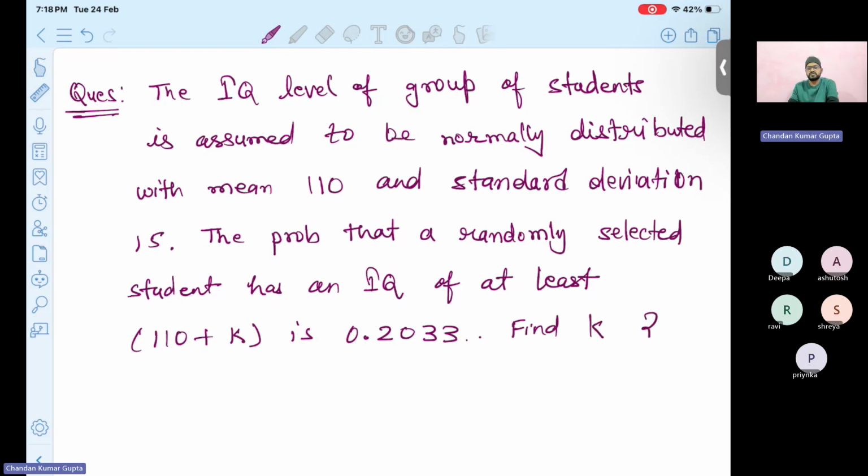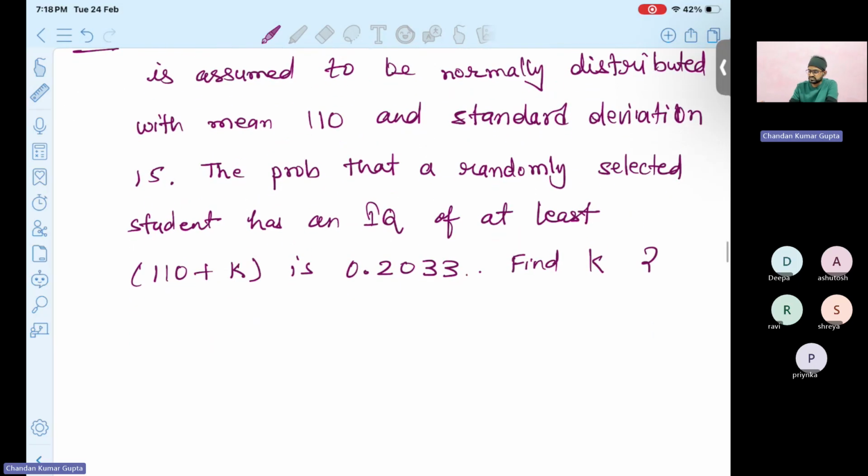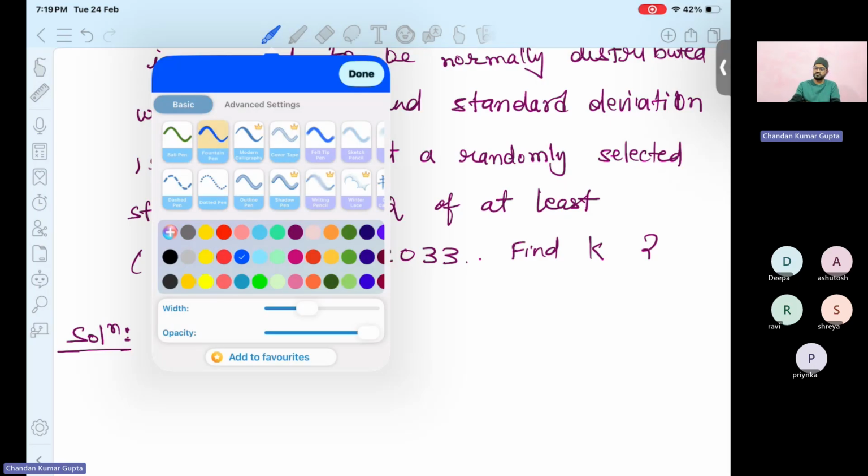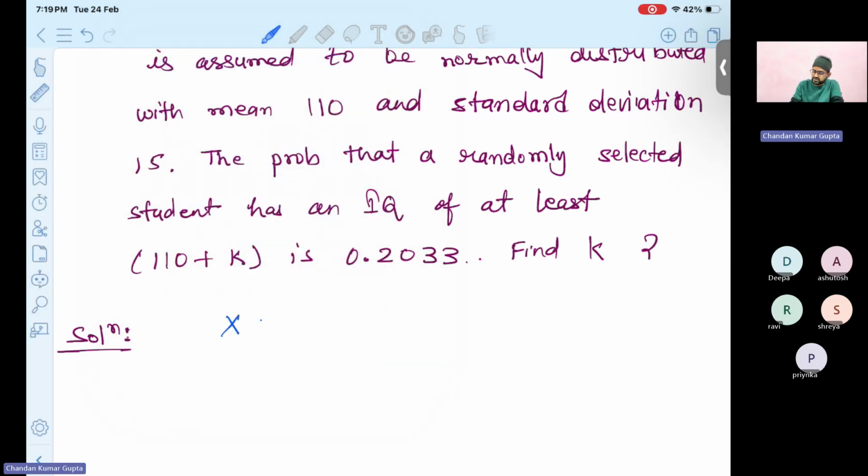Fine. Simple question. You just need to use some mental exercise. So the first thing is, we are given the random variable x, which is the IQ of students.